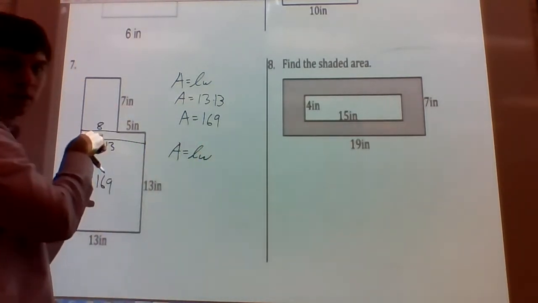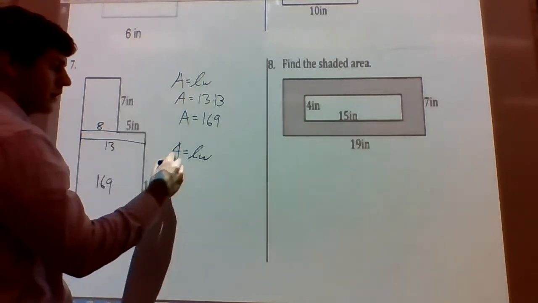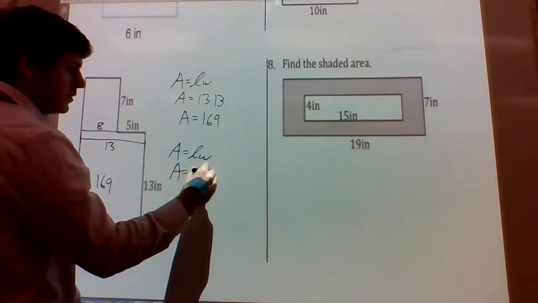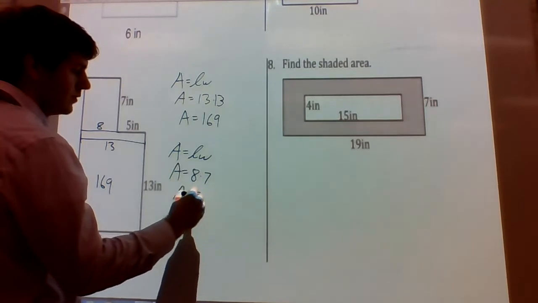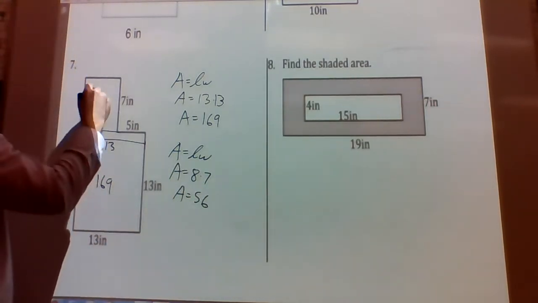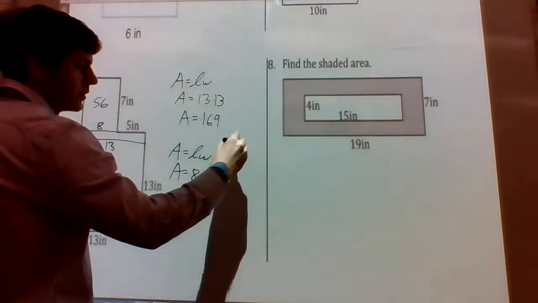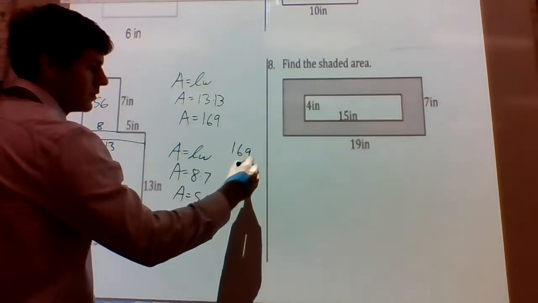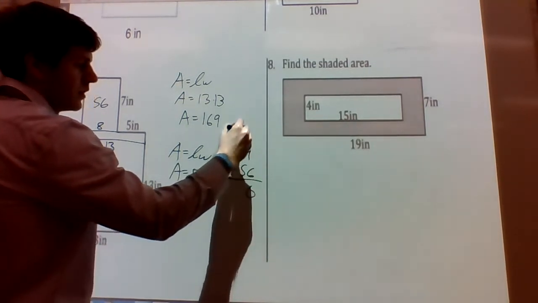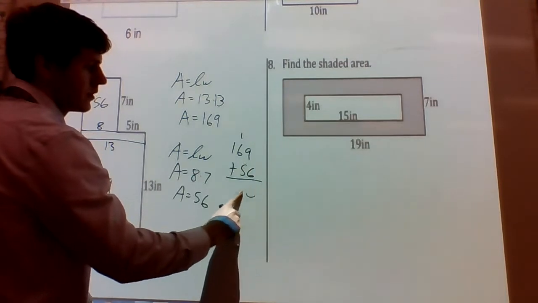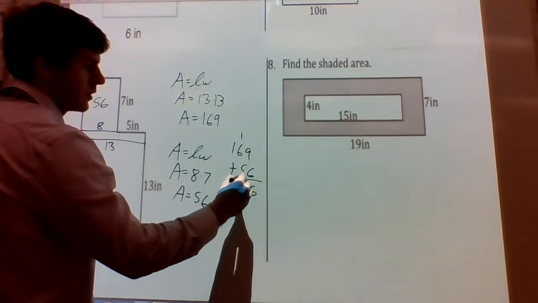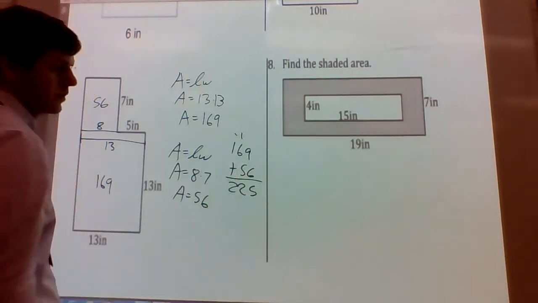So we have a length of 8 and a width of 7, which is 56. So the total area is going to be 169 plus 56, which is going to give us 225.